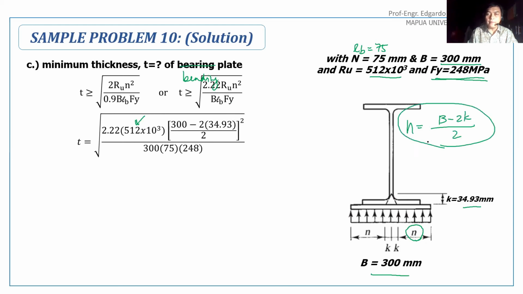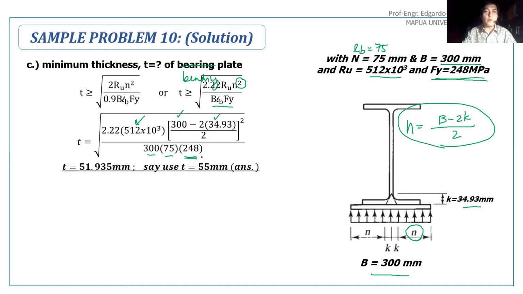We have the B, na-solve natin kanina, minus 2K over 2, tas square, naka-square siya eh. Divided by B LB Fy. So B is 300, LB is the length, 75. And again, yung Fy na gagamitin dito is the Fy ng beam bearing plate, which is 248. So direct substitution, solving for the thickness, lumabas 51.9.